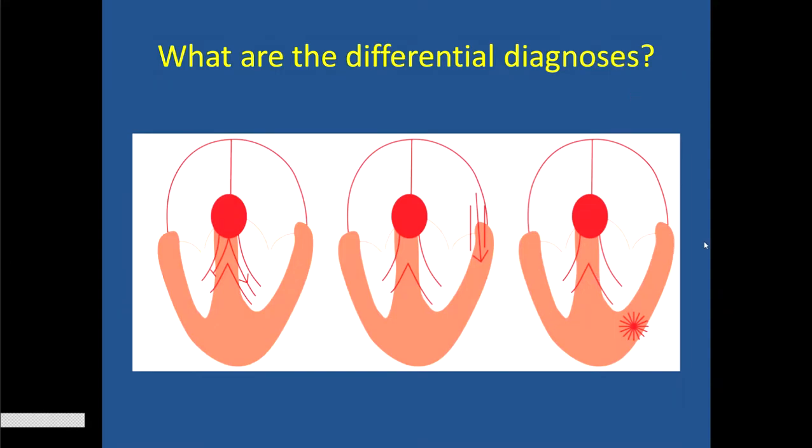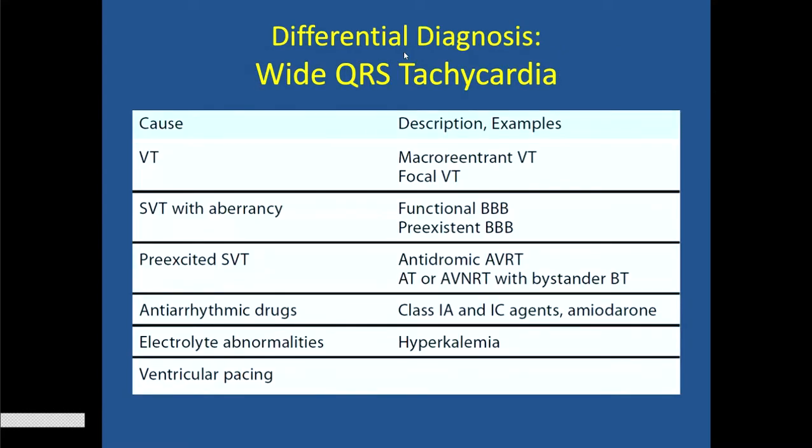So what are the differential diagnoses? When we see a wide complex tachy, first of course is ventricular tachycardia, starting from the ventricles. Next is an antidromic tachycardia, where the atrial impulses travel down the accessory pathway and go up the His-Purkinje system and AV node, or it may be any type of SVT, whether it is an AVNRT or an atrial tachycardia, which conducts in a pre-existing bundle branch block or with aberrancy, rate-related aberrancy.